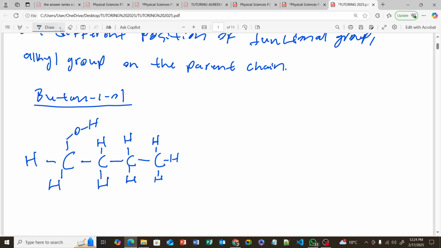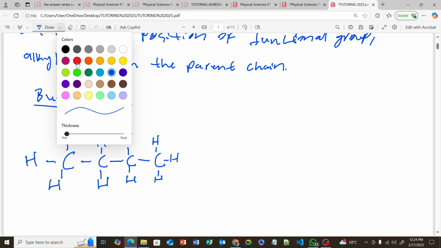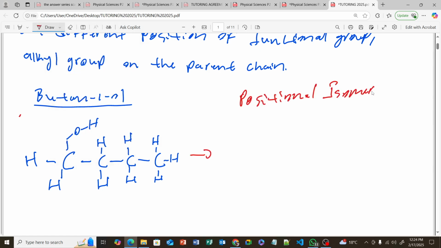Now the positional isomer of this will be what? We are going to move this to a new location. So it's 1, 2, 3, 4. Make sure that around every carbon you have 4 bonds. Now OH.